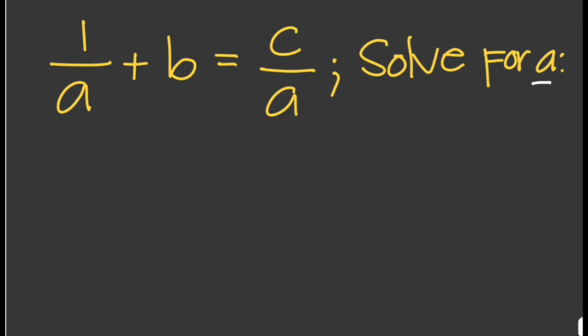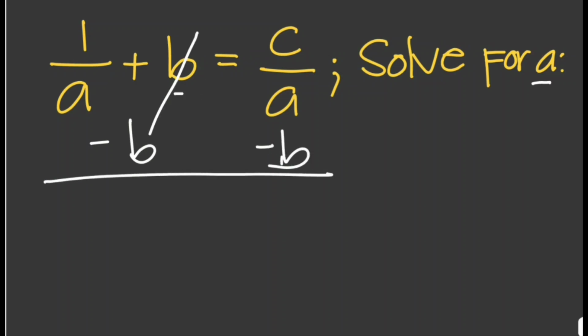What we're going to do is group all of the terms with a in it, and then isolate the other term, which is b. So we put that on one side, and all of the terms with a together on the other side. So we can subtract b from both sides to get rid of the b here on the left.